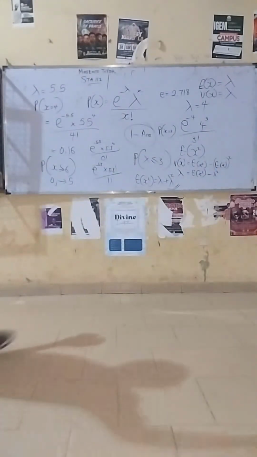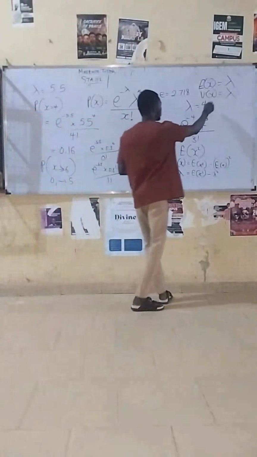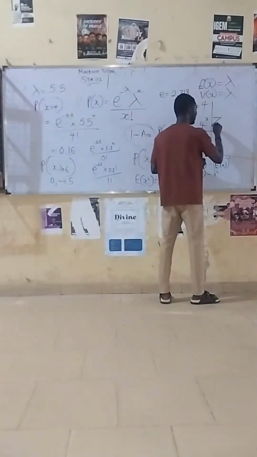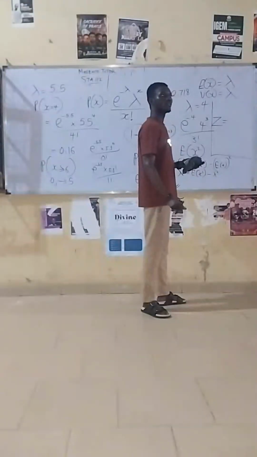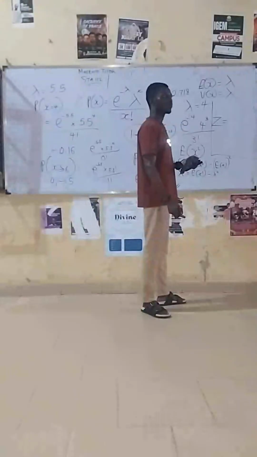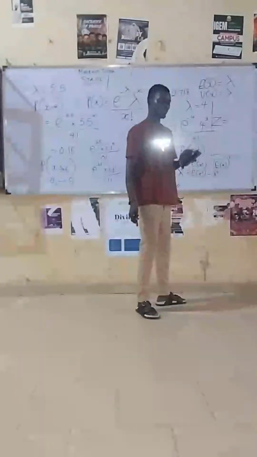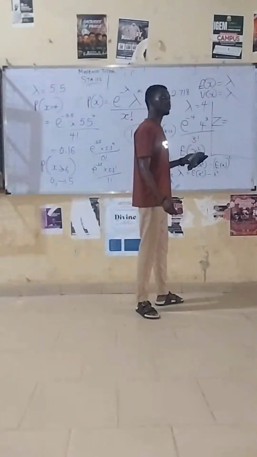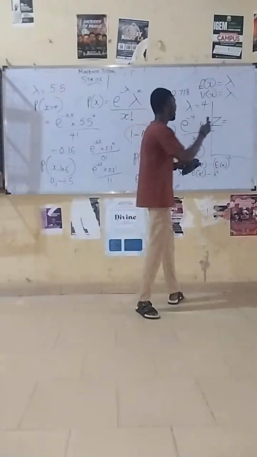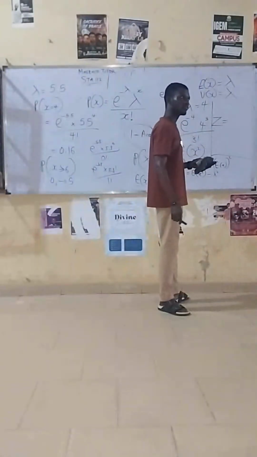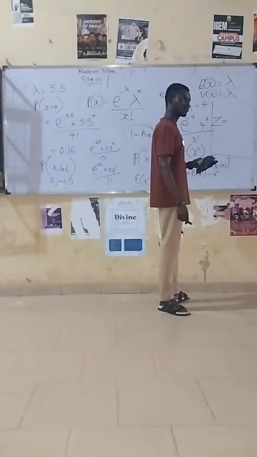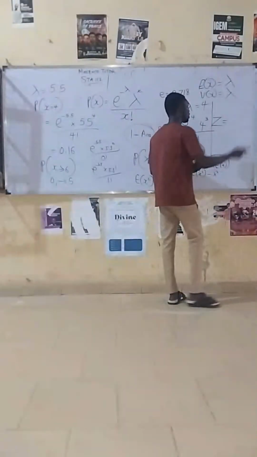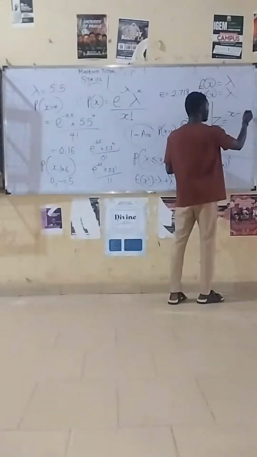And lastly, what's the formula for normal distribution? It's given as z, right? Z equals to what? X minus or plus? Minus. X minus what? Mean.